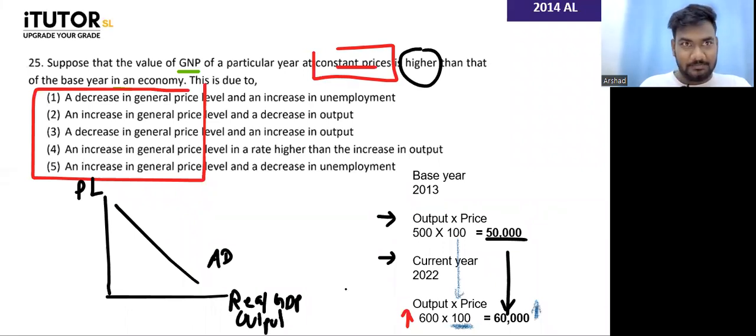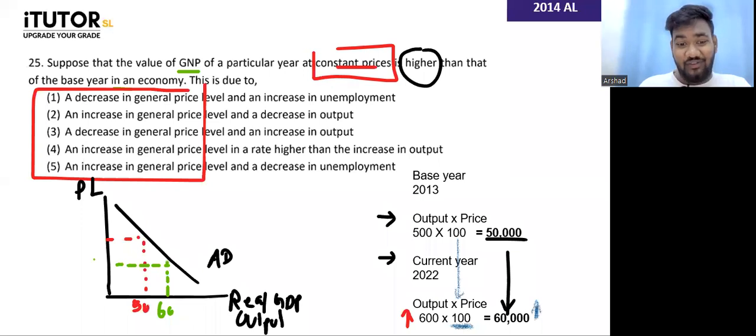Remember that. Now, if the output was, earlier, 50,000, and now the output has gone to 60,000, what do you think would have happened to prices? The output, which was 50, went to 60. So now the prices, according to this graph, what should happen?